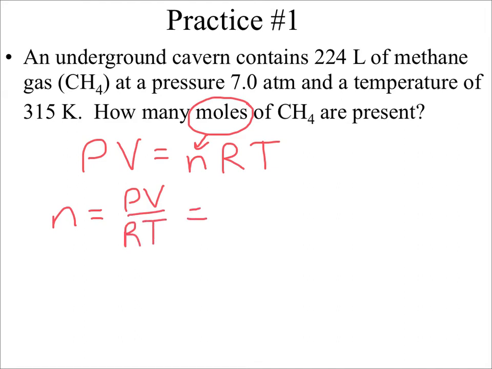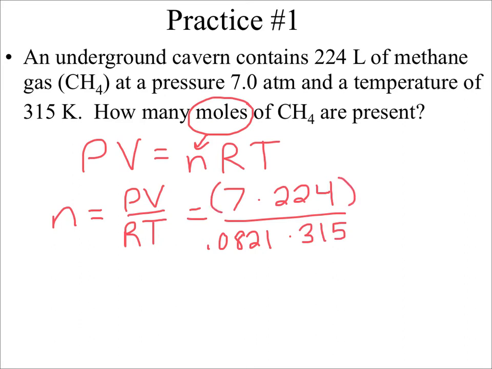Now I'm going to fill in the blanks while I double check my unit. Pressure is 7 atm. Atm is a good unit. Volume is 224 liters. That's the unit I want. R is our constant, 0.0821. And T is temperature. Temperature is already in Kelvin, so I can use my 315.